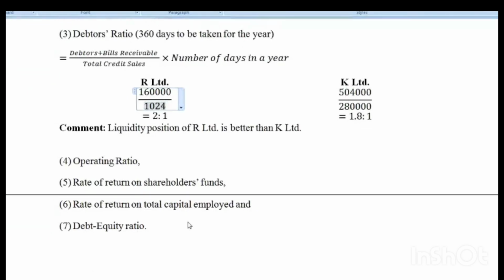And number of days as given in the question is 360. So what is your answer? 56.25, so 56 days.